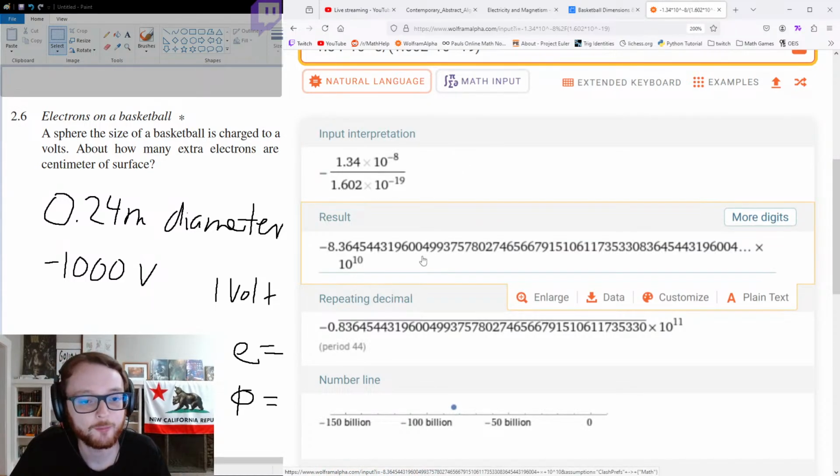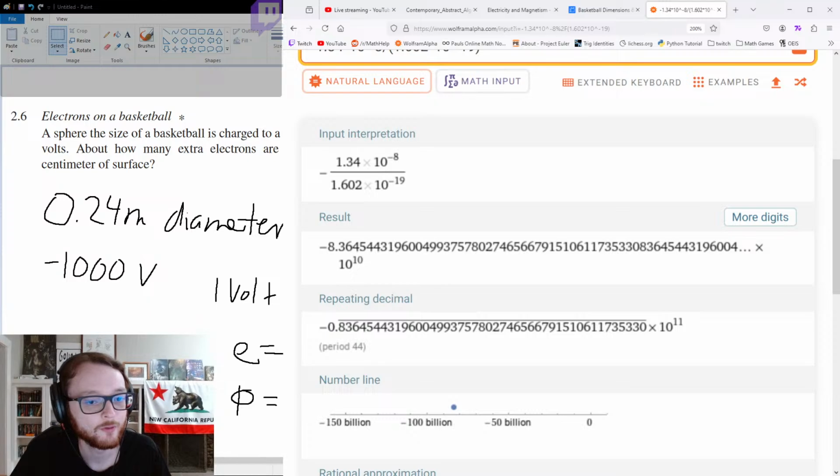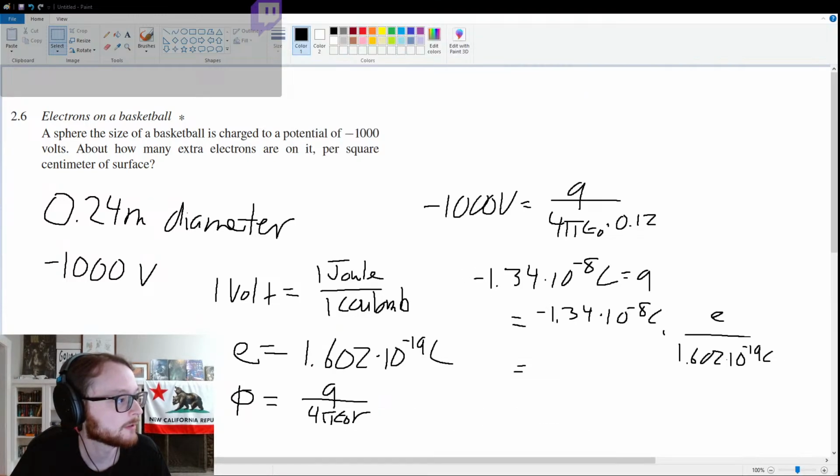So we have minus 8.36 times 10 to the 10 e.